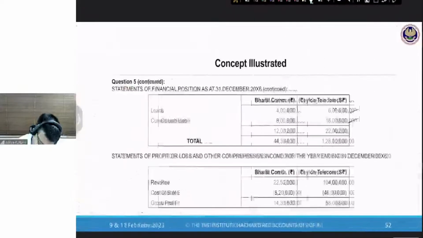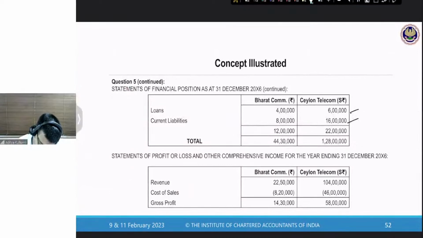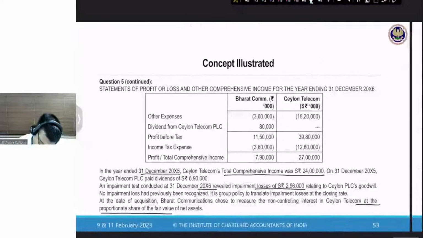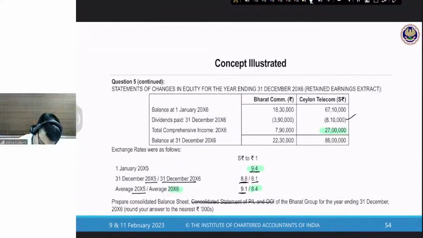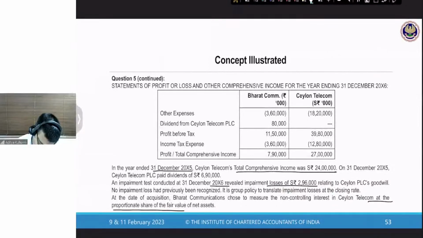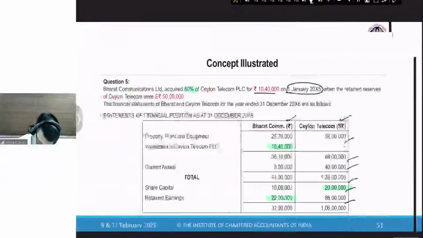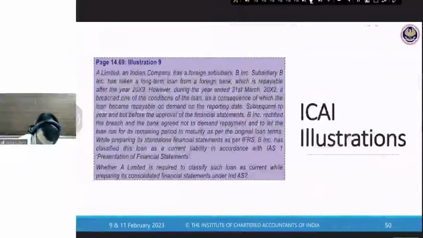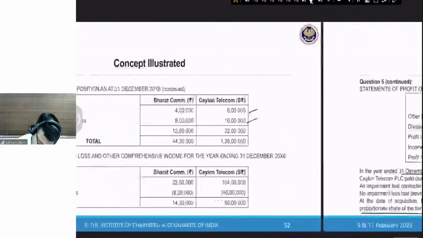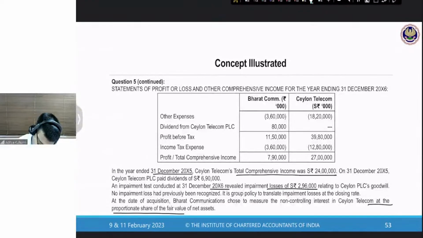Communications, retained earnings, statement of profit or loss, balance as at 31st December.